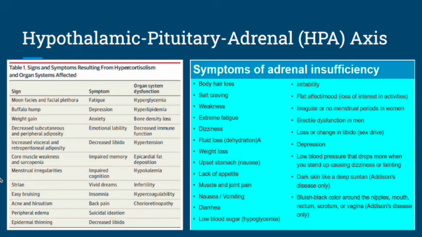You can get striae, which are evidence of thinning of the skin, sort of purple lines along tissue. You can get menstrual irregularities, acne, and something called hirsutism, which is sort of a masculinizing feature that can be found in women where they begin growing some facial hair, typically along the sort of jawline.